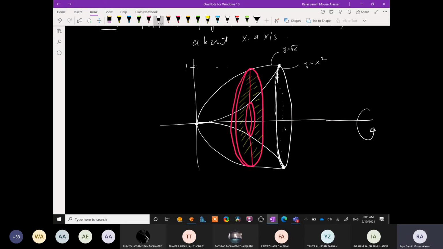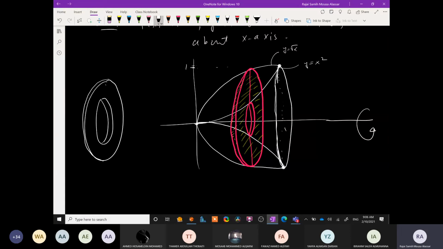And of course, we have a certain thickness here. Fantastic. Let me just isolate this object out.